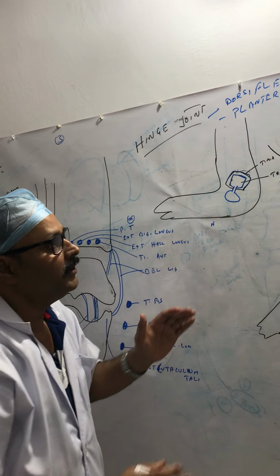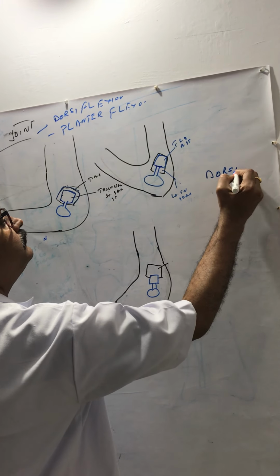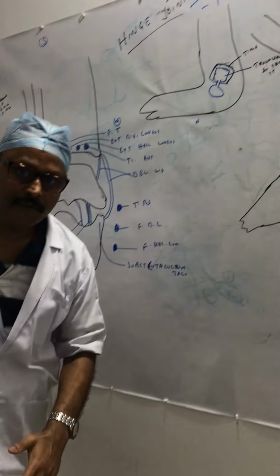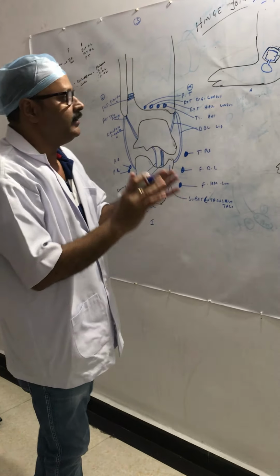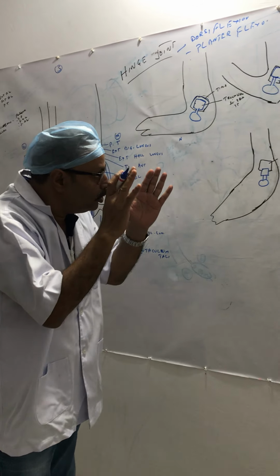Now the movement. In case of dorsiflexion, what happens? The anterior surface of the leg is known as the dorsal surface.